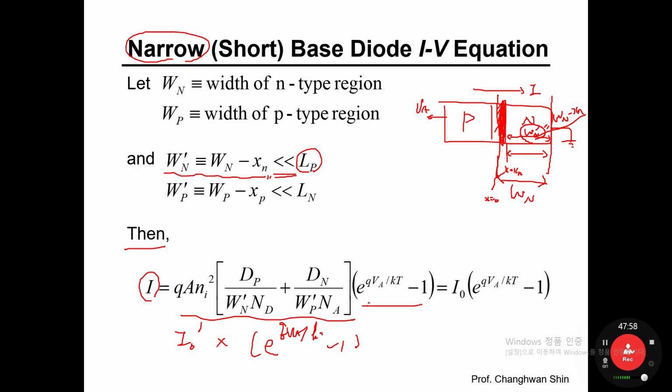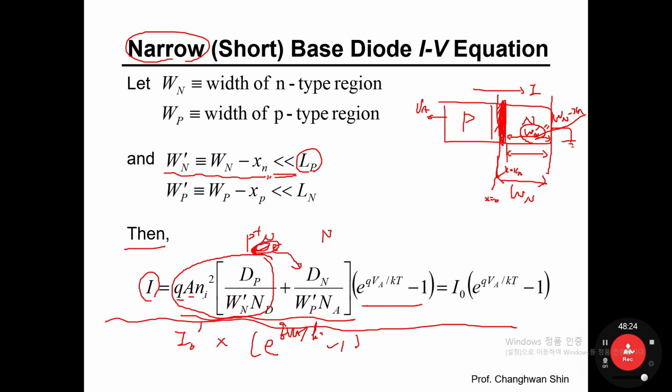But here notice that I naught prime is QA ni squared dP over Wn prime and d. Previously we have focused on the P plus N junction, but in this lecture note I have included this part. The electrons should be injected into the p side, so this part makes a contribution to this equation.